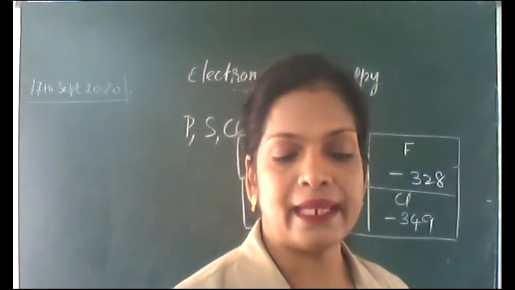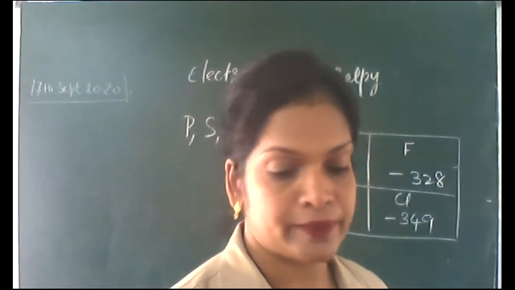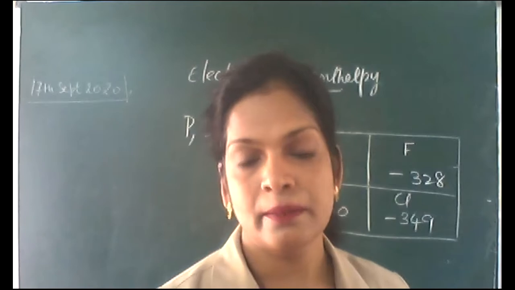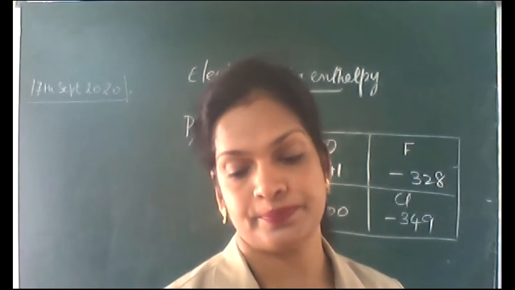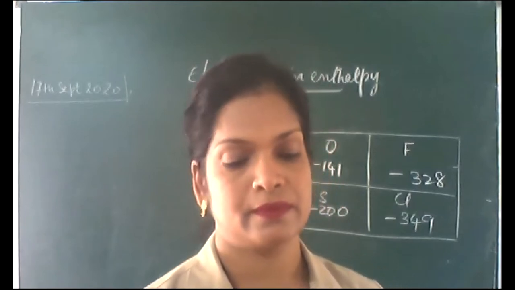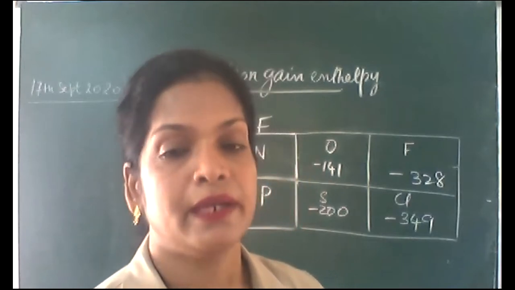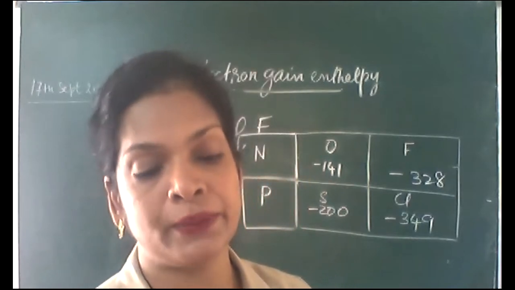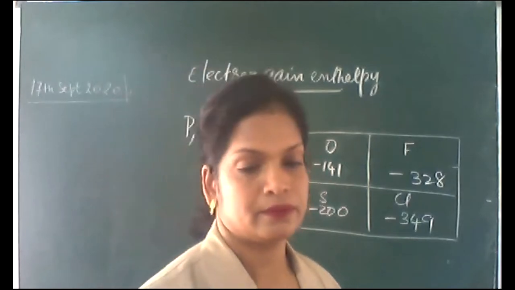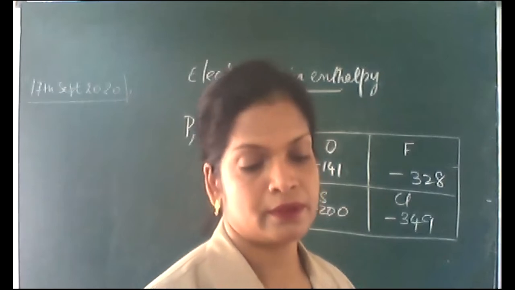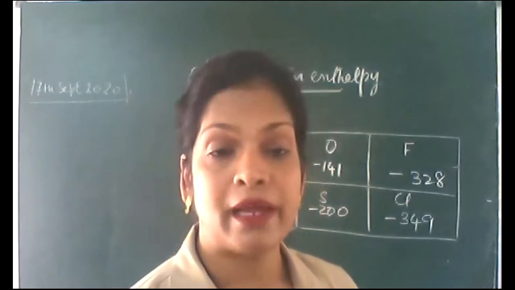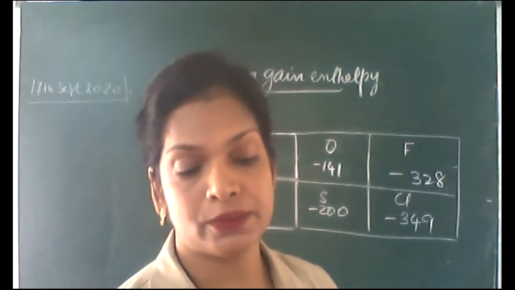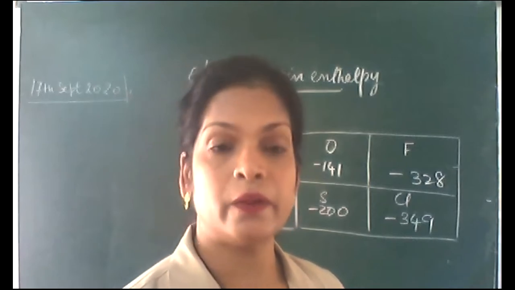By considering the electron density on fluorine, it is having lower value. Value means magnitude. Lower value than chlorine.